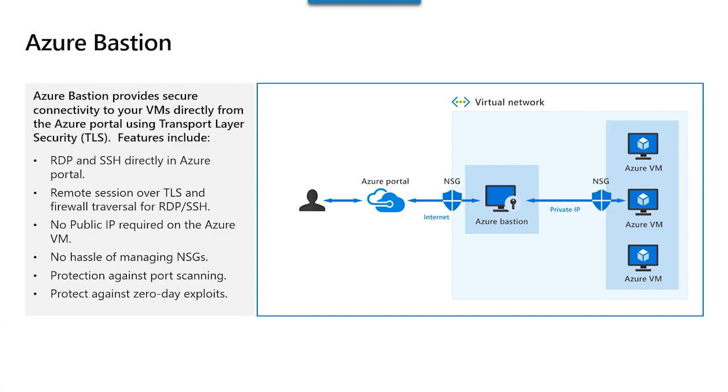And what this means is that when you connect to your virtual machine, it doesn't need any public IP address or any special type of software. And when you deploy Azure Bastion, it'll provide a secure connection to all the virtual machines on your virtual network. And if you're using Azure Bastion, you don't need to apply NSGs to the virtual network subnet.